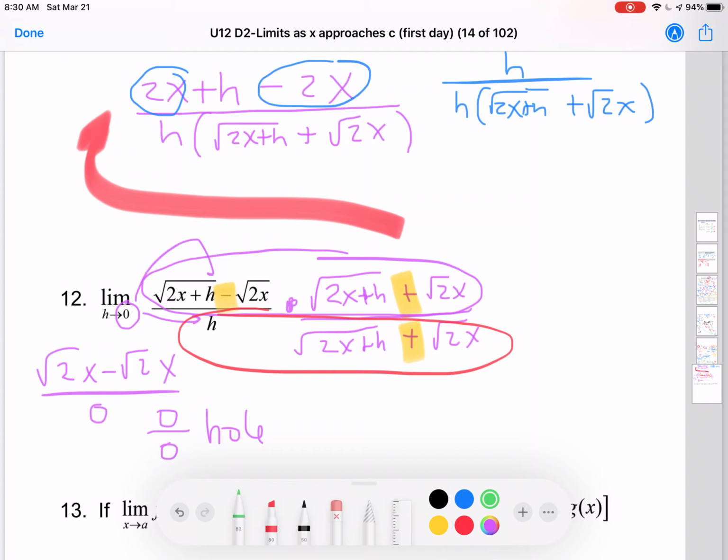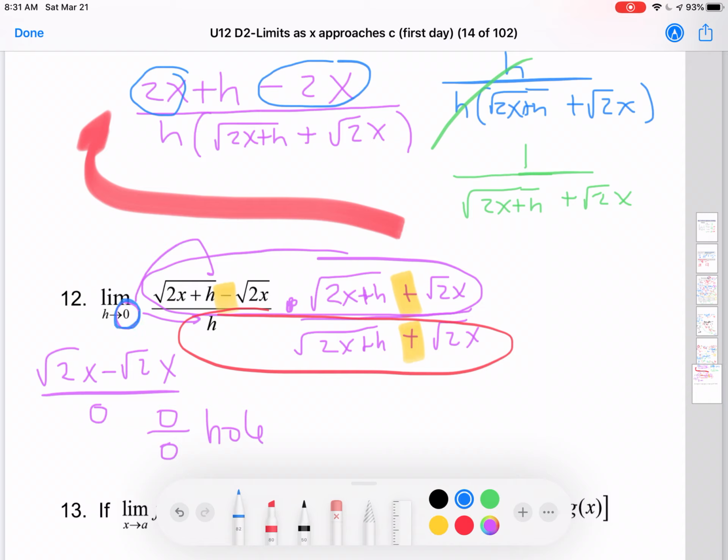Okay, and then we can see we can simplify here. Our h's are gone, so we're left with 1 over rad 2x plus h plus rad 2x, and now we're just going to replace in 0.